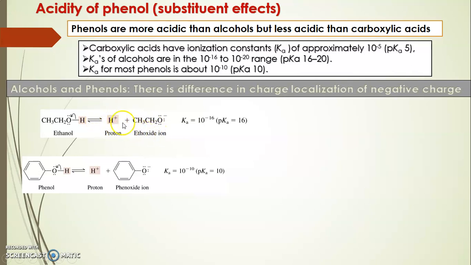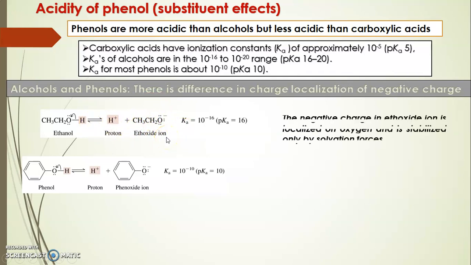That depends on the stability of the conjugate base, that is ethoxide. Usually if it is stable, dissociation will be more favored. But in the case of ethoxide, the negative charge is localized on oxygen and is only stabilized by solvation.